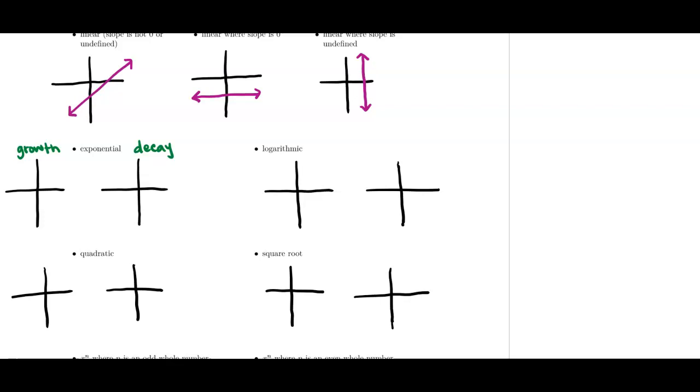With exponential growth, it's going to be getting really close to the x-axis here, and it's growing as it goes from left to right. So it's doing something like this. But we have an asymptote. Let me draw a little dotted line here so you can see, as you go further and further negative, that's going to get closer and closer to the x-axis.